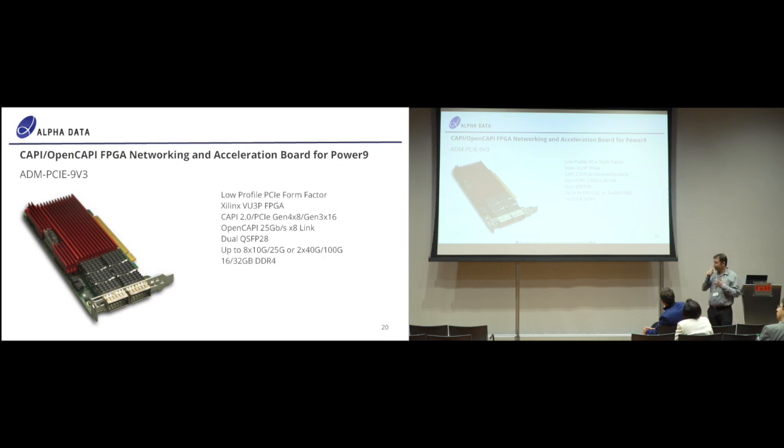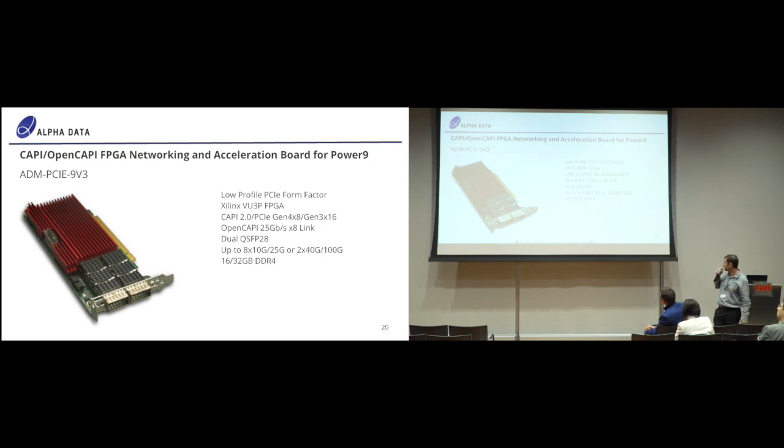This card also has the advantage that it is not only PCIe Gen 4 capable, to as much an extent as Virtex UltraScale Plus is Gen 4 capable, and I believe it does work with IBM Power 9 PCIe Gen 4. It's also CAPI 2.0 capable, and it's also got the 25 gigabit per second OpenCAPI link as well.